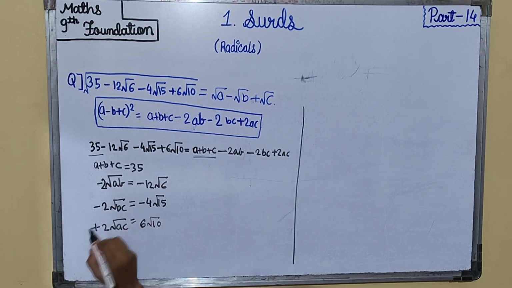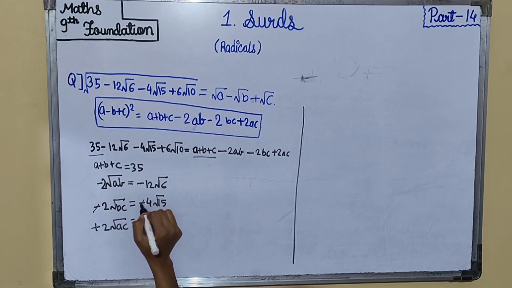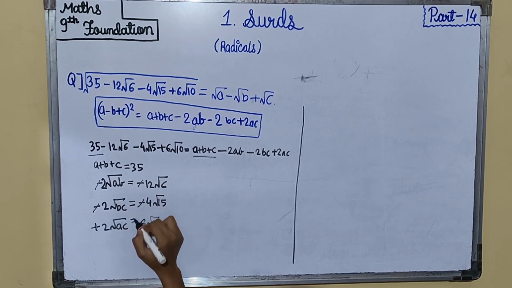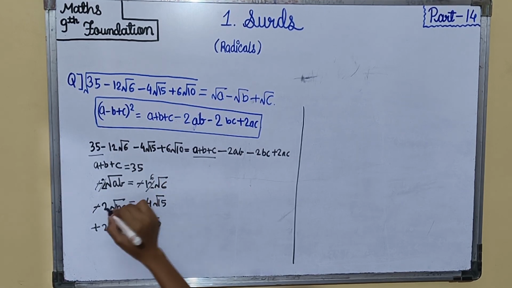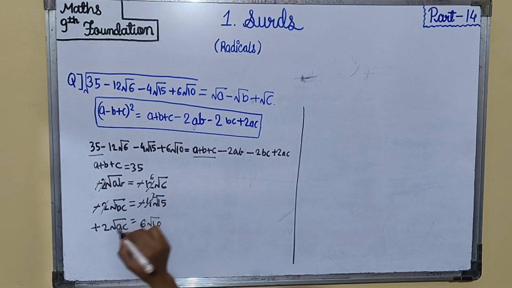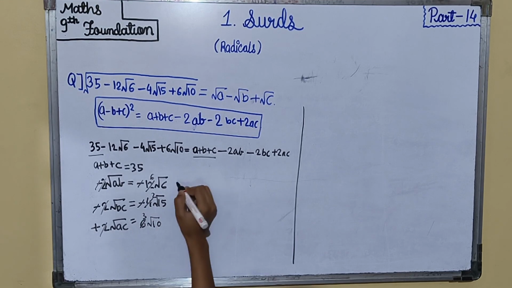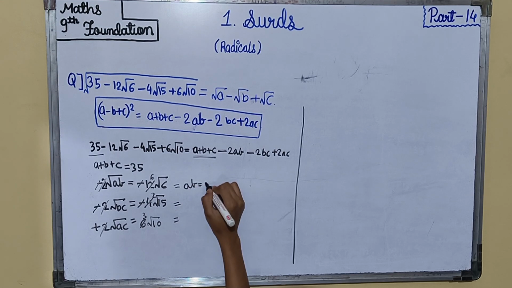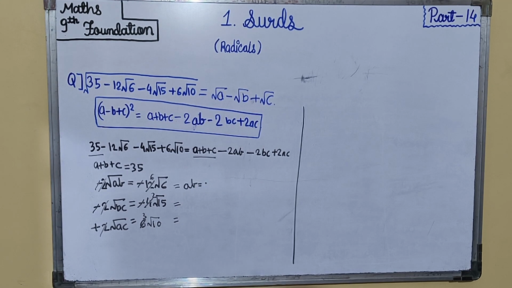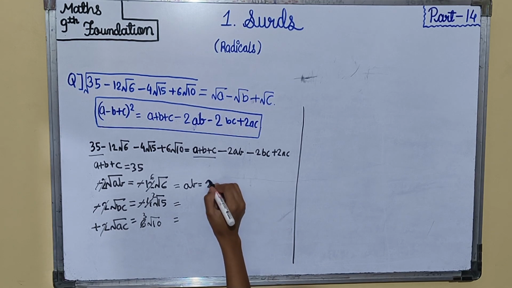We'll cancel the minus signs. 2 ones are 2, 2 sixes are 12, and so on. We'll square both sides of every equation, so we get ab as 216.